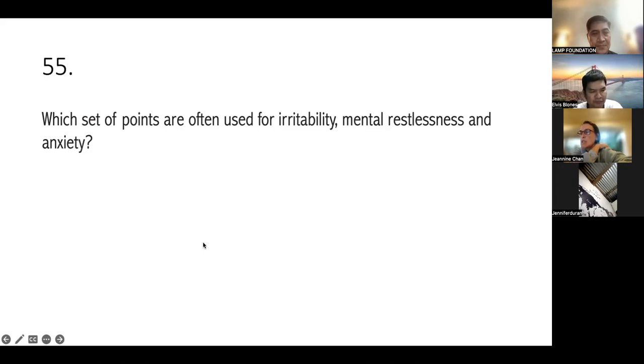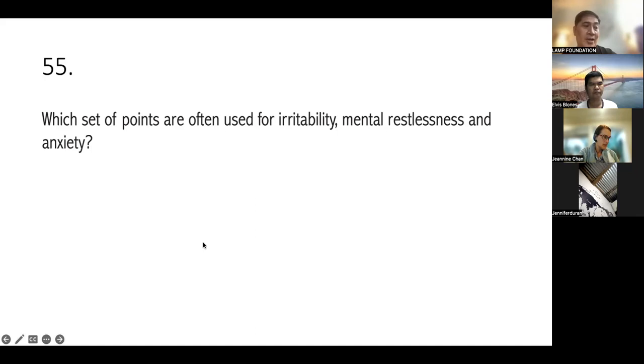Doc. Kasama po yan doon sa 5 Shu Points. Yes, of course. Your answer should be one of the 5. Mental restlessness. Fire yan eh, fire. Ano po ang favorite ng fire? The heart, Doc. Somewhere in the heart. Tama ba?